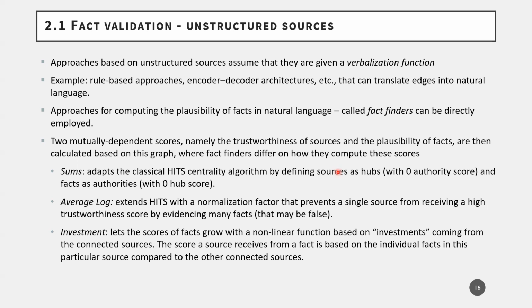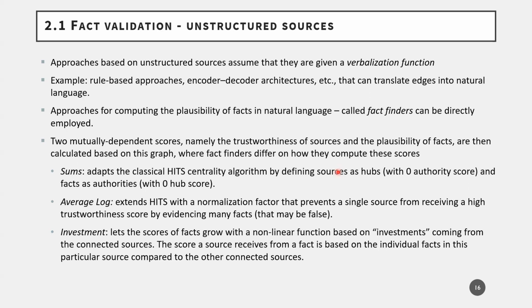Two mutually dependent scores, the trustworthiness of the sources and the plausibility of facts, are then calculated based on this graph, where the fact finders differ on how they compute these scores.